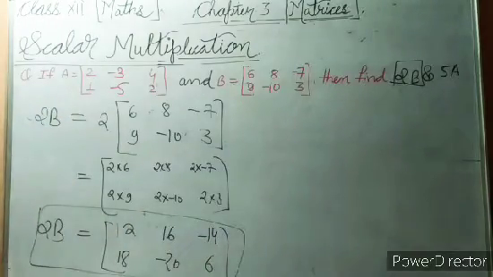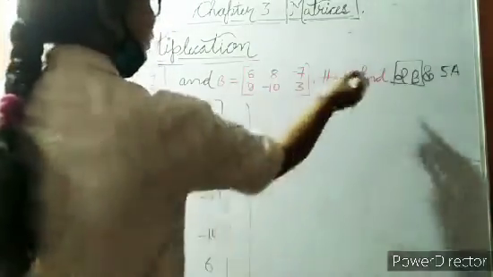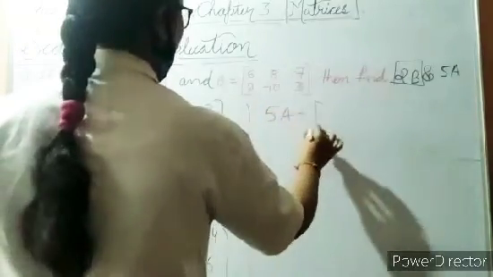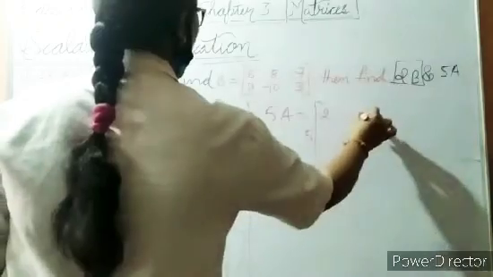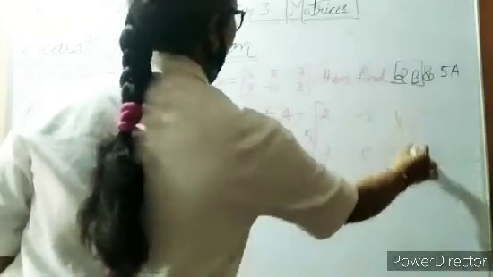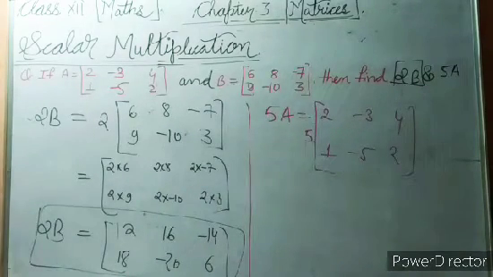Okay, now one more question: 5A. I think you will try this question. 5 into [2, -3, 4; 1, -5, 2]. Pause the video and try to solve this question. After that you will see whether you learned or not. I hope you tried.